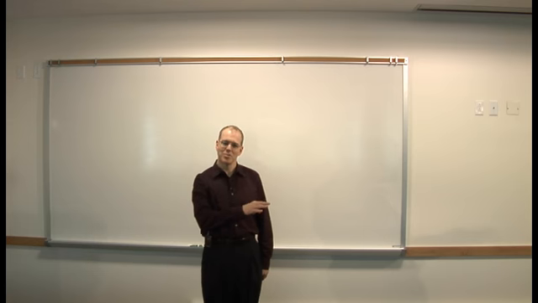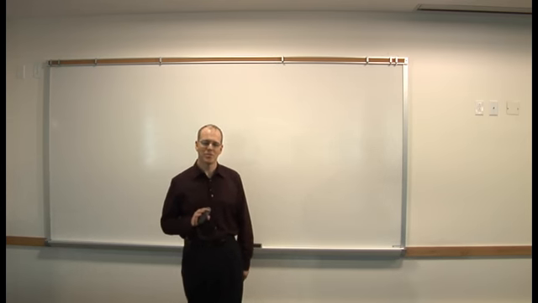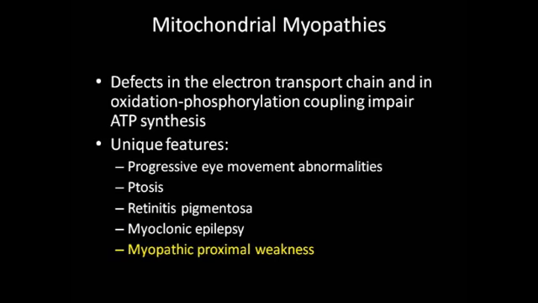Okay, another category we won't go into, but I want you to have a big picture sense for this type of muscle disease, and that is mitochondrial myopathies. Mitochondrial myopathy is not common, but it has unique things that the patient also presents with besides proximal muscle weakness that would be a clue. And usually the biggest obvious thing is a progressive eye movement problem, usually with ptosis.